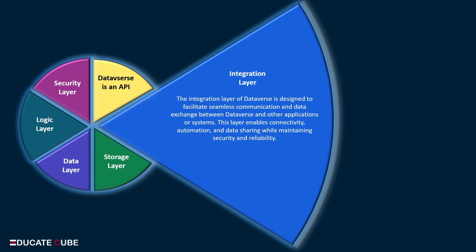For example, retailers can use Dataverse to manage customer data, connect with Power BI for analytics, Dynamics 365 for operations, and external systems via virtual tables or APIs. The Dataverse integration layer makes it a central hub for connected business applications.